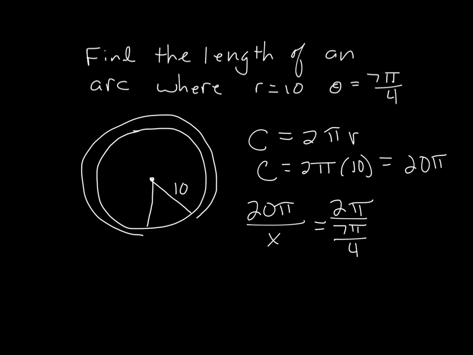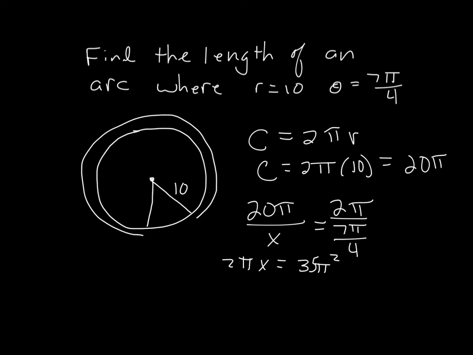So it's going to be 2 pi x equals, and then you want to get your calculator out again. It's going to be 140 pi squared over 4, which is 35 pi squared.